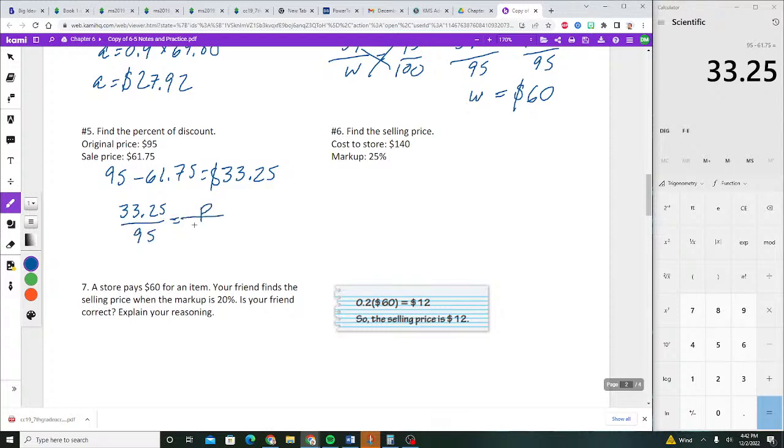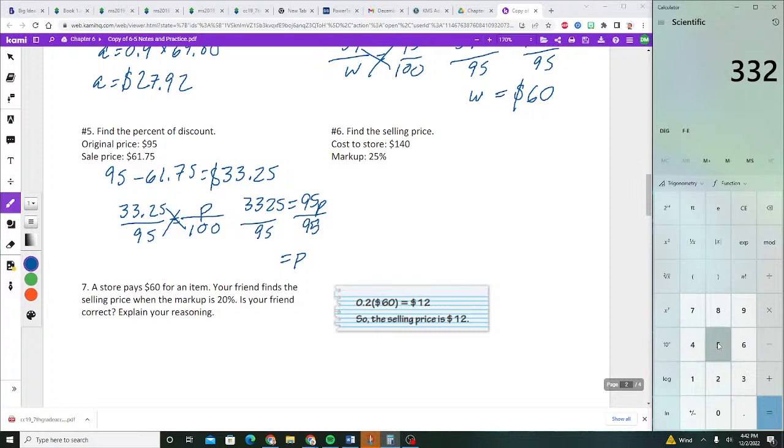We want to find the percent, which is over 100. So cross multiplying, that gives us 3325 equals 95p. So we divide both sides by 95. And so 3325 divided by 95 gives us 35. So 35%.